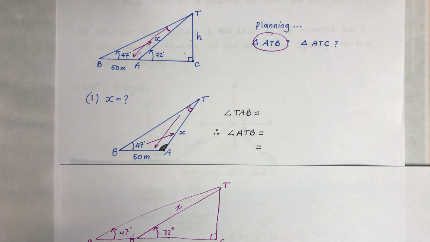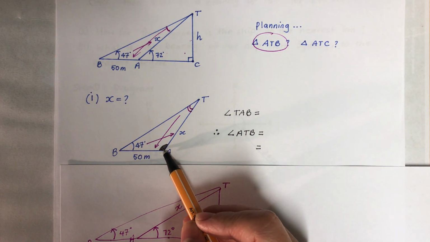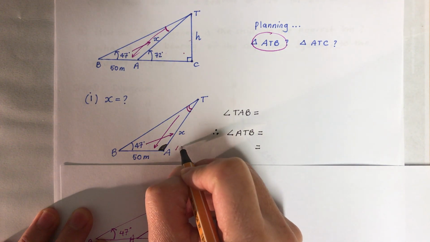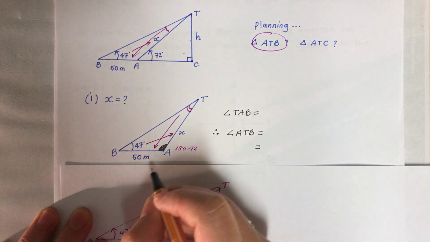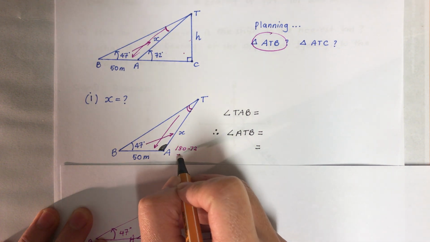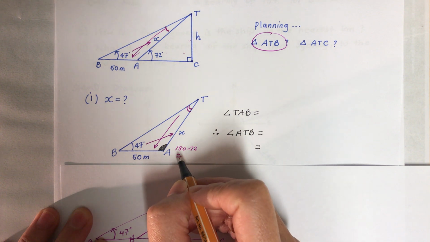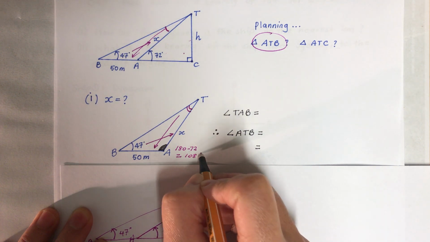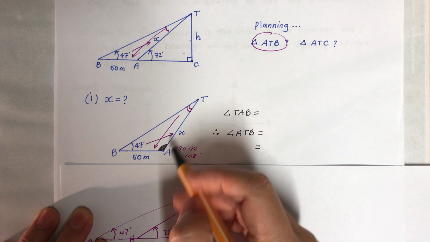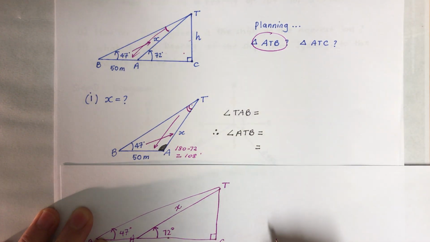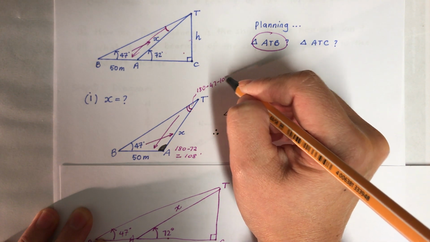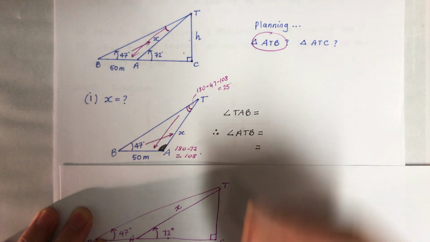Let's have a look. So I just resketch that, and this angle I can find from here, because that's 180 take away 72, which is 108. Okay, so that's my angle, and this one is easy because it's the angle sum of a triangle, so I'm going to go 180 take away 47 take away 108, which will give me 25.